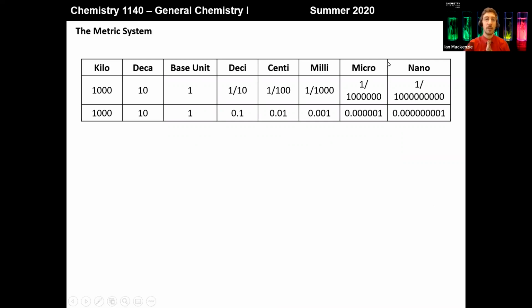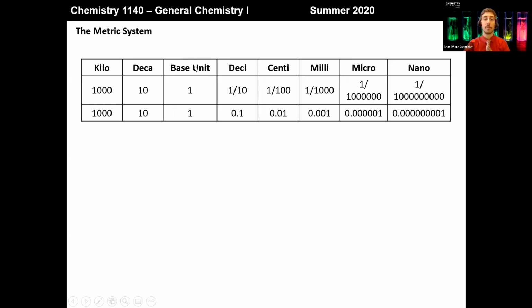And if we start here with the base unit, whatever that base unit happens to be, it could be a gram, or a liter, or some other thing like that. But we'll start with the base unit. If we add a prefix in front of it, that will tell me something about the number of base units that make up the new unit that has the prefix in front of it.